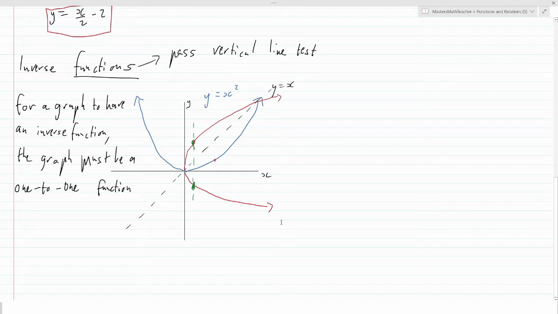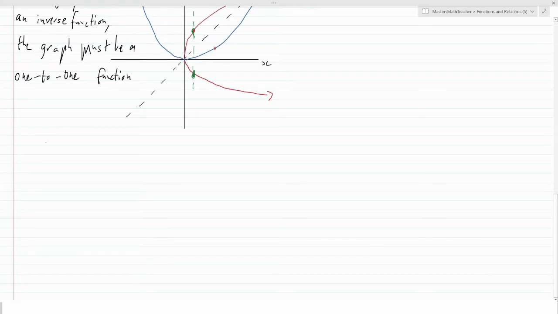Now let's look at something a little bit more interesting about inverses. So we found out that x and y switch. But what happens to the domain and range? Well, if every single y value becomes the inverse's x value, then that must mean that the range of the original, so the range of f of x, becomes the domain of f negative 1 of x.